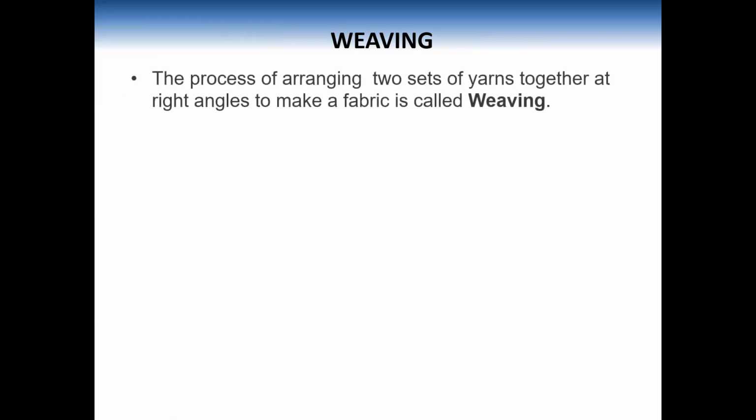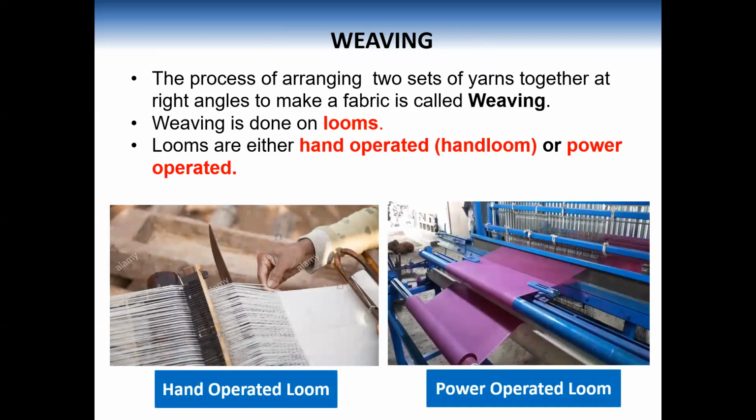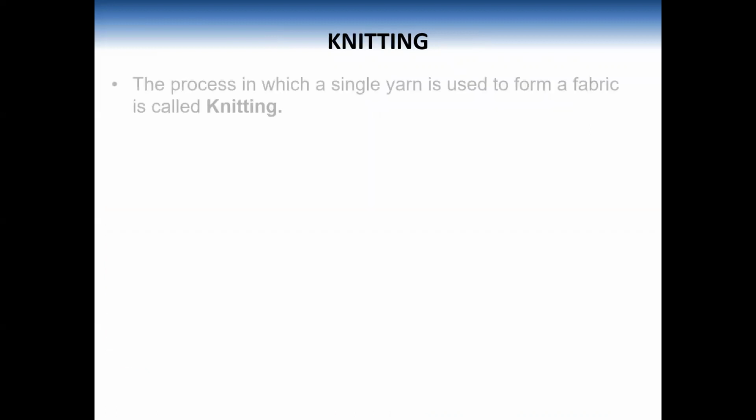First, we are going to discuss weaving. It is a process of arranging two sets of yarn together at right angles to make a fabric. It is done on looms. Looms are either hand operated or power operated. Knitting is the process in which a single yarn is used to form a fabric.